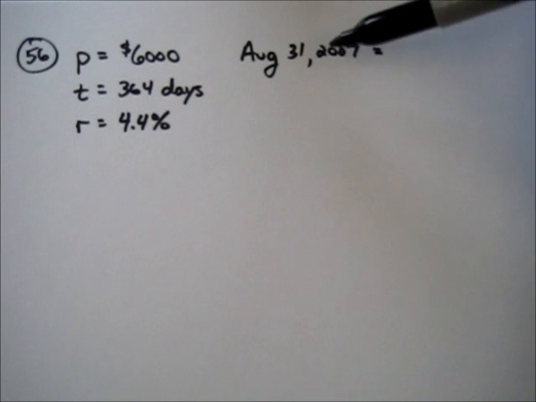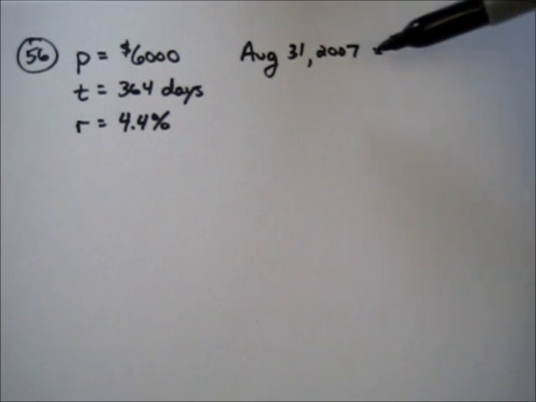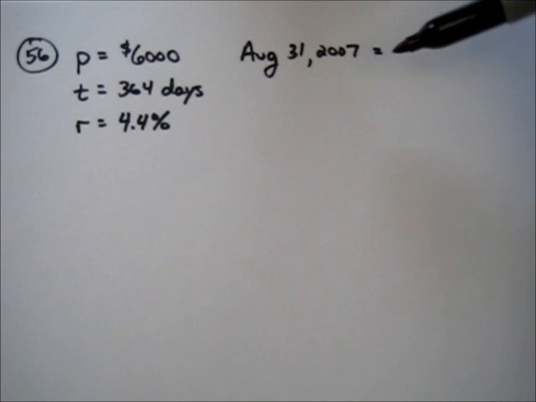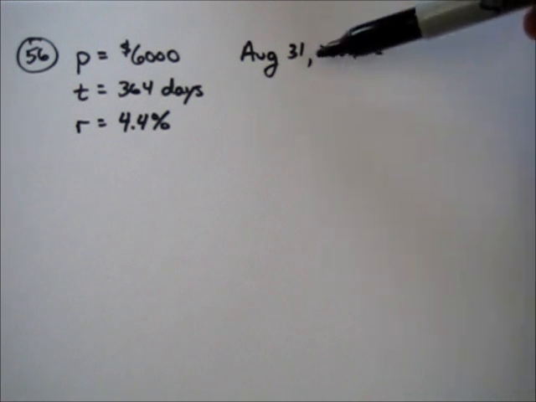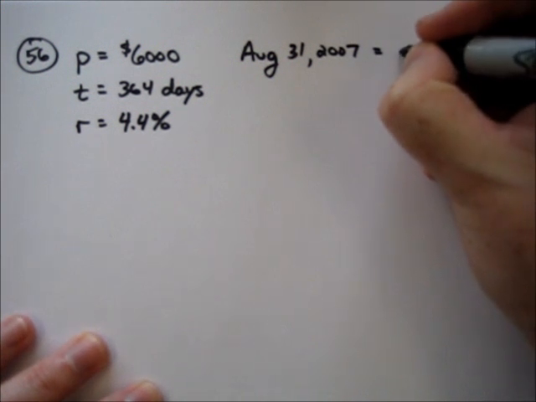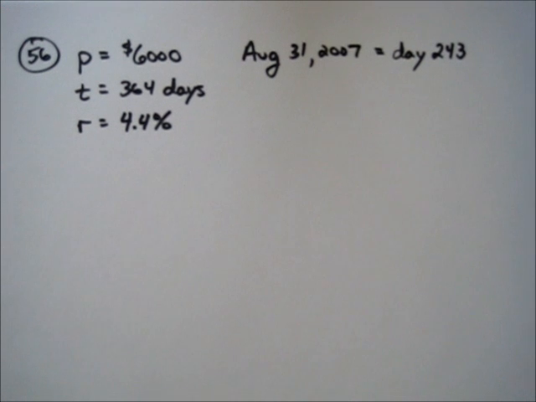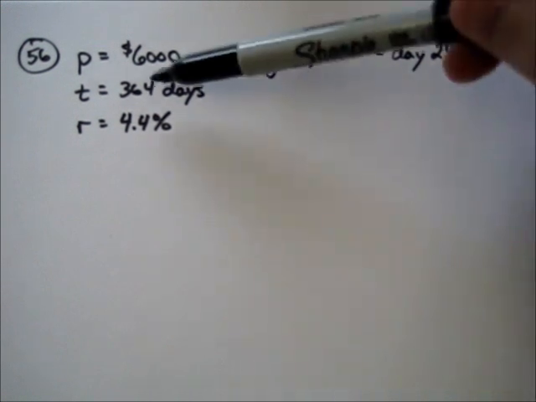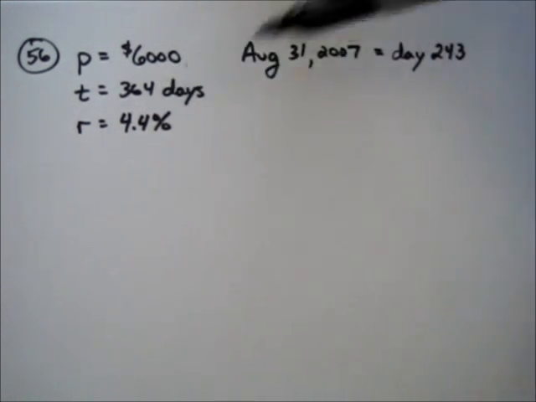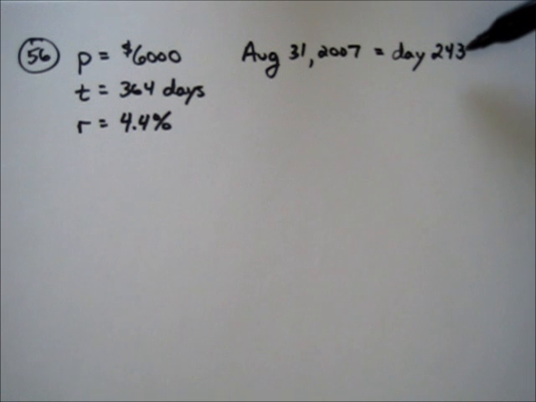So the first thing I need to do is go to my chart, which is found on page 662, which lists all the days of the year in numerical order, and I can find out that August 31st is day 243. So my job is to figure out what date is exactly 364 days later, because that's the date that this Treasury bill will mature.